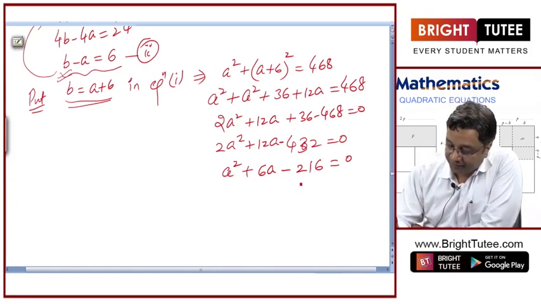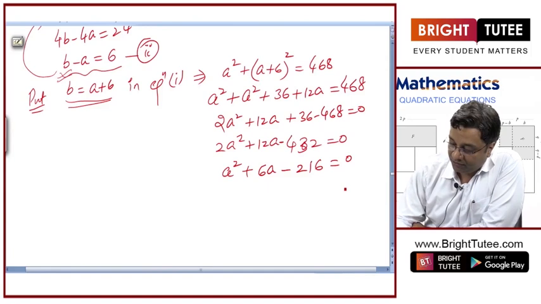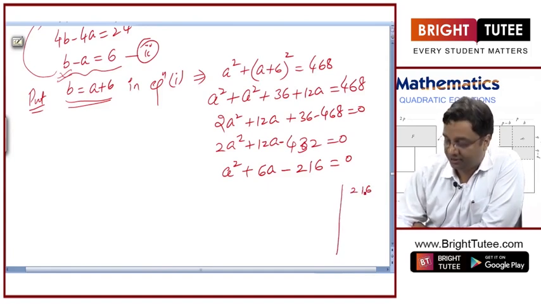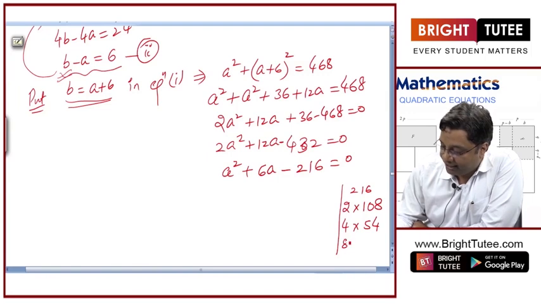So now I can factorize it as usual. What will be the factors here? I will factorize 216 first. So it will give me 2 into 108, or I can bring 2 more here, 4 into 54, another 2, 8 into 27.